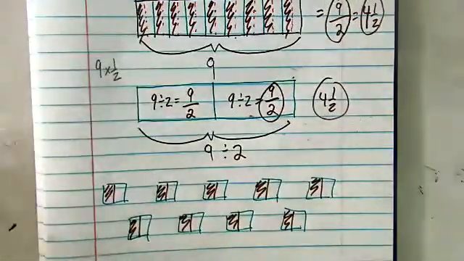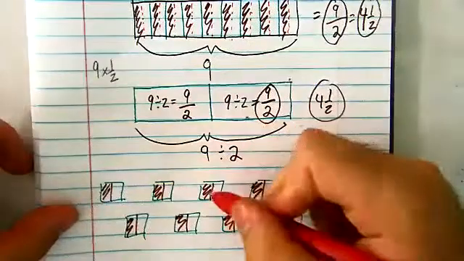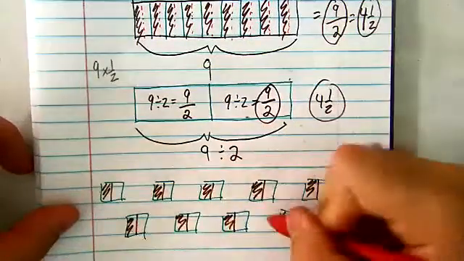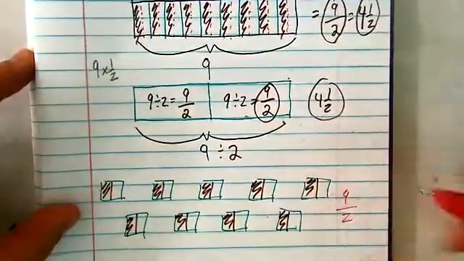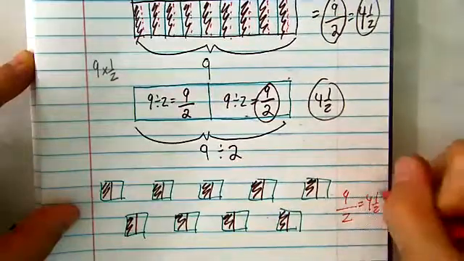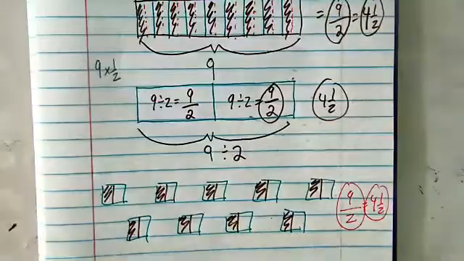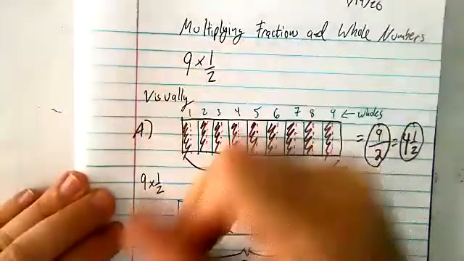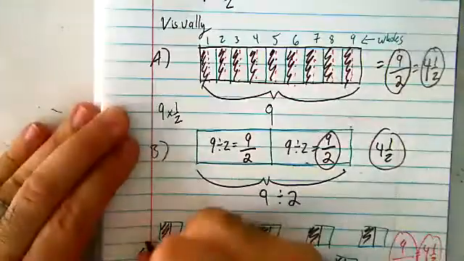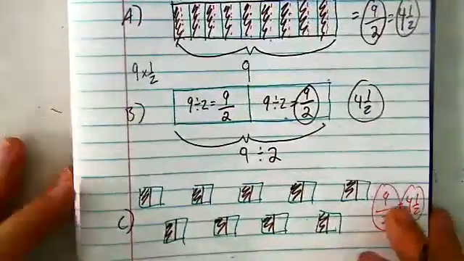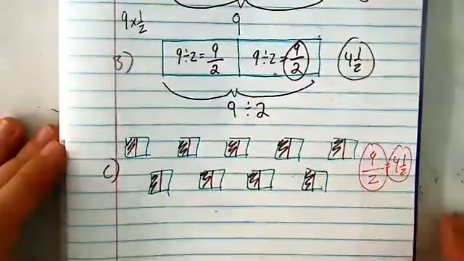So this is 1, 2, 3, 4, 5, 6, 7, 8, 9 halves, which is still 4.5. Both of those are still acceptable answers. So this was option A, option B, option C. They all do the same thing in the end, but it's a matter of which way works best for your brain.